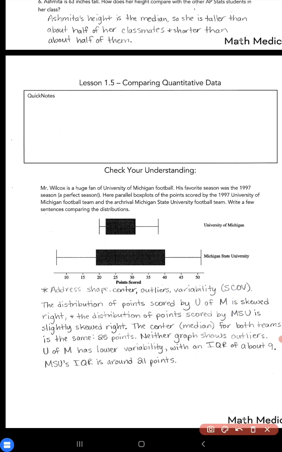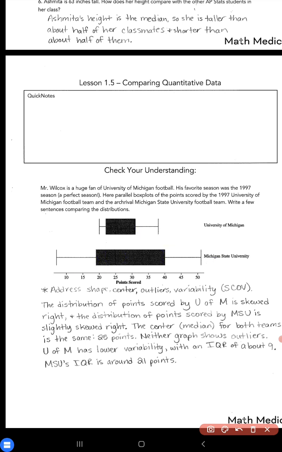Because the right whisker is significantly longer than the left whisker, so it's skewed to the right. The distribution of points scored by Michigan State is not as skewed. It's a little better when I compare these whiskers, but notice how the median, if this data distribution was perfectly symmetric, that median would be dead center in the box, and it's not.